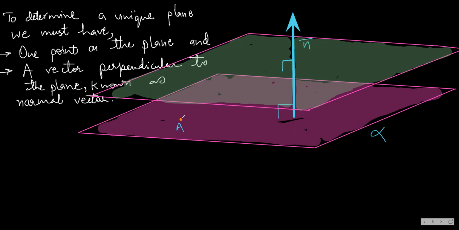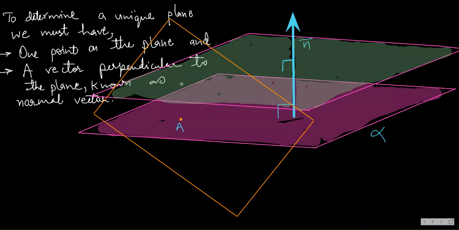If I'm given that the plane is passing through this point A, that's it. Nothing more is given to me. See what would happen. I can have a plane here which is containing this point A. Point A is contained even by this plane.